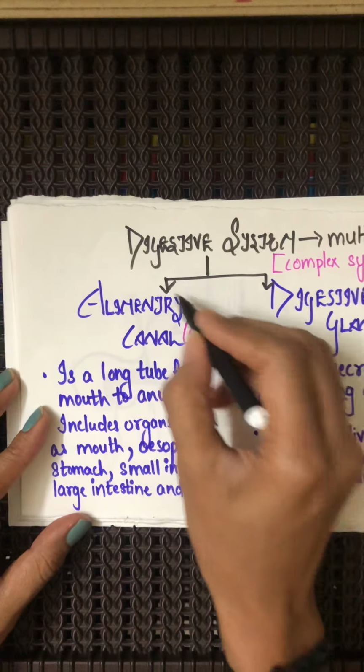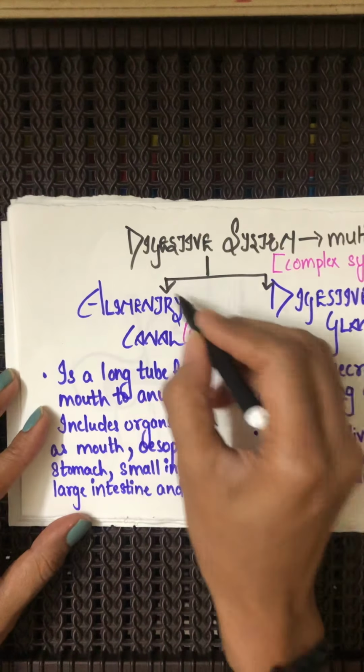It runs from the mouth to the anus, and it includes various organs. The very first one is the mouth, then we have the food pipe, that is the esophagus, then the stomach, then the small intestine, the next one is the large intestine, and the last one is the anus.